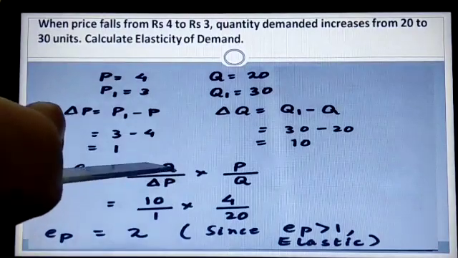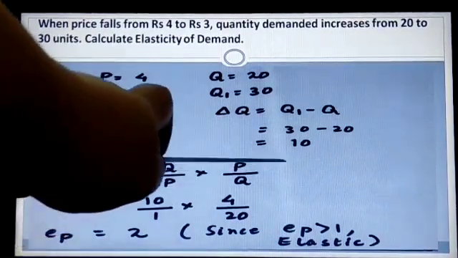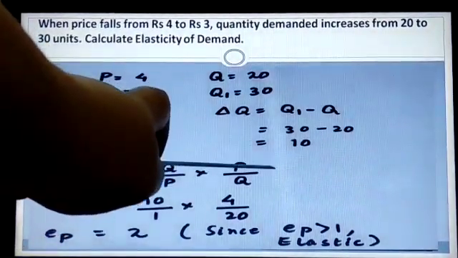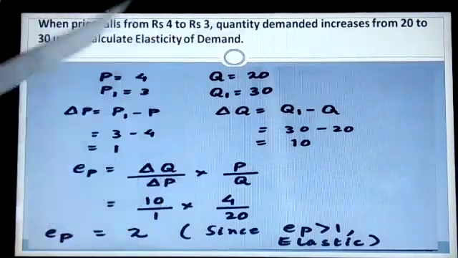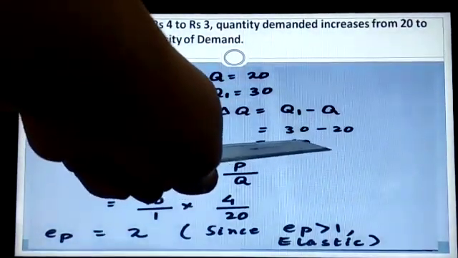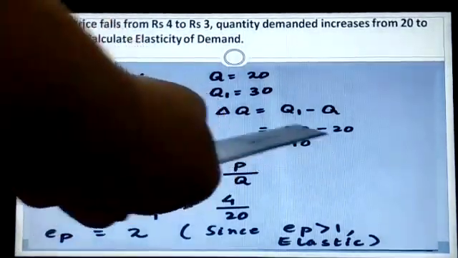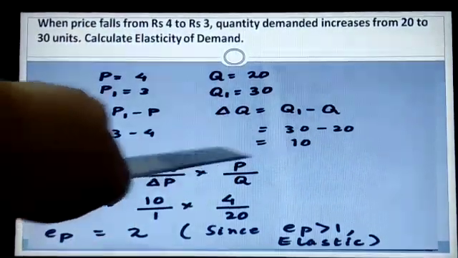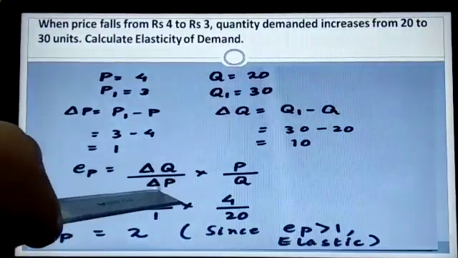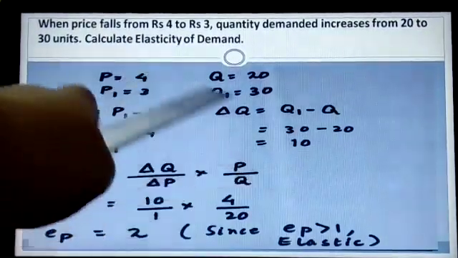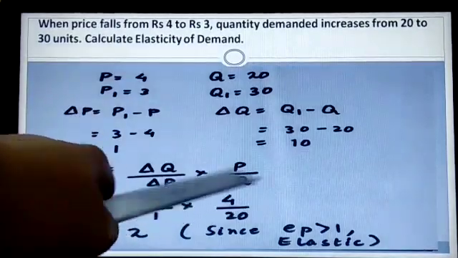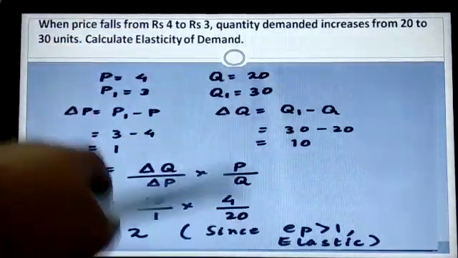Delta Q is the change in quantity, delta P the change in price, P is the initial or old price, Q is the old quantity. So delta Q is 10, put it here, delta P is 1, put it here, P is 4, put it here, Q is 20, put it here.